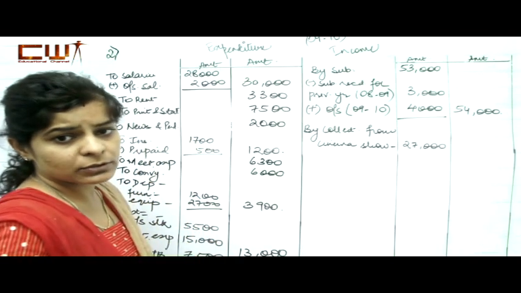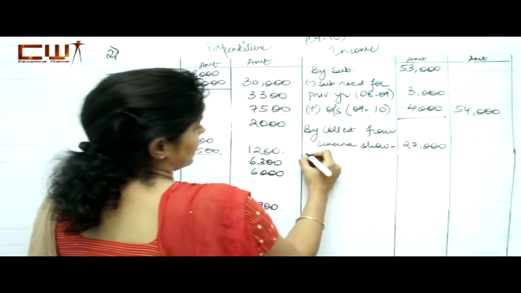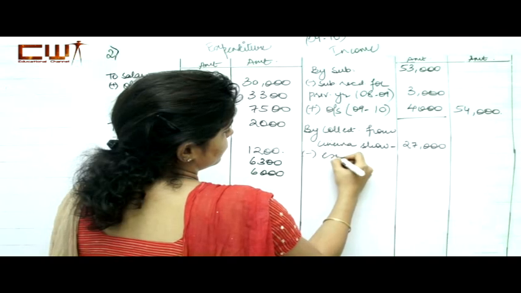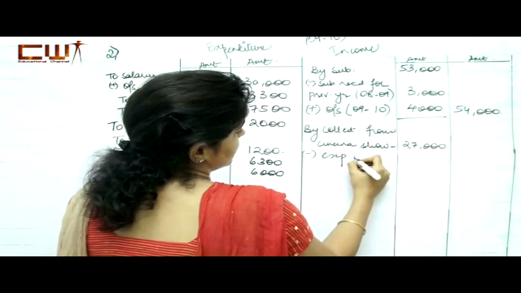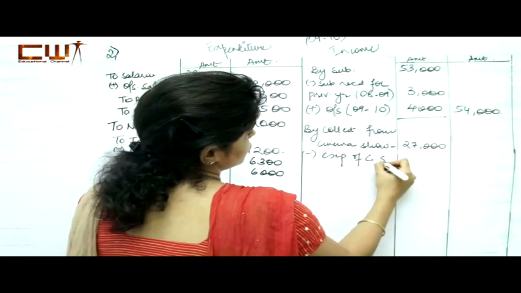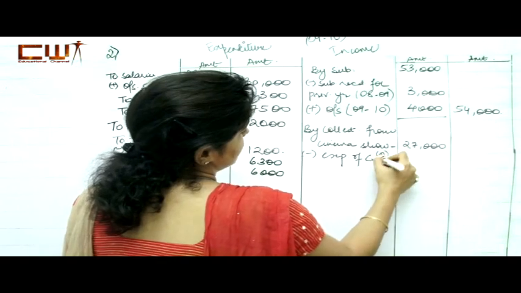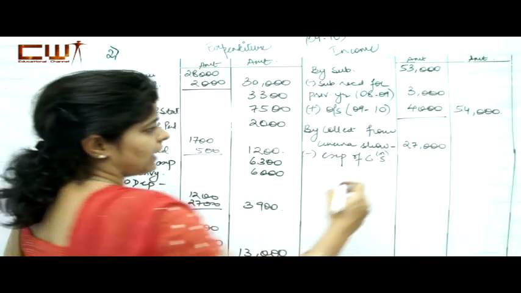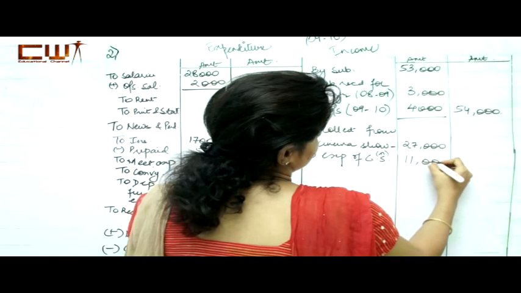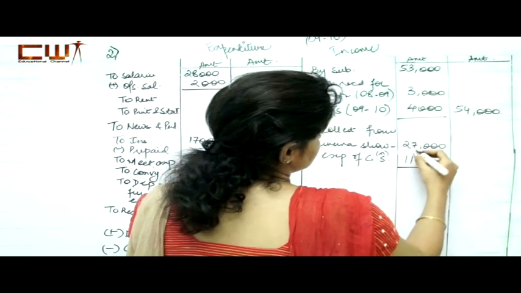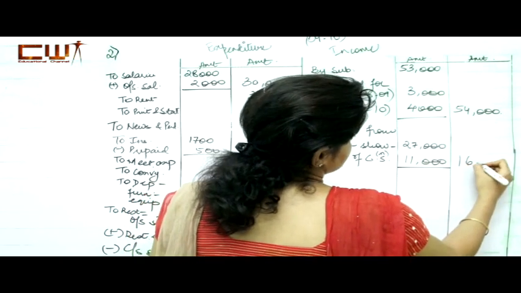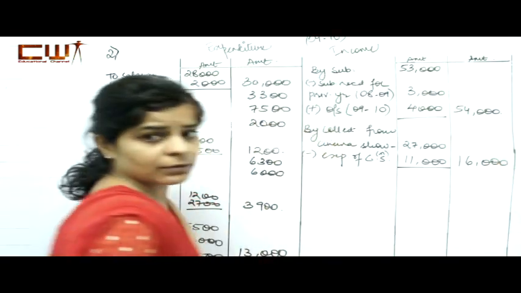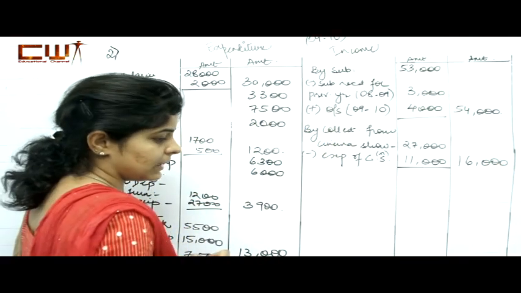There is an adjustment also. Expenses have been incurred on this collection, so I'm writing the expenses of the cinema show. How much are the expenses? 11,000, right? So this will be 16,000.